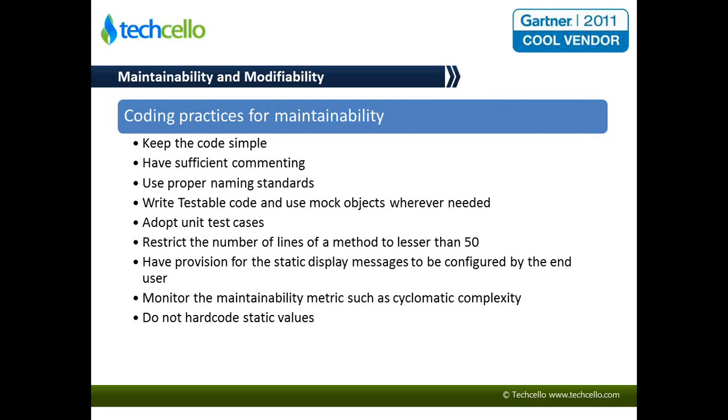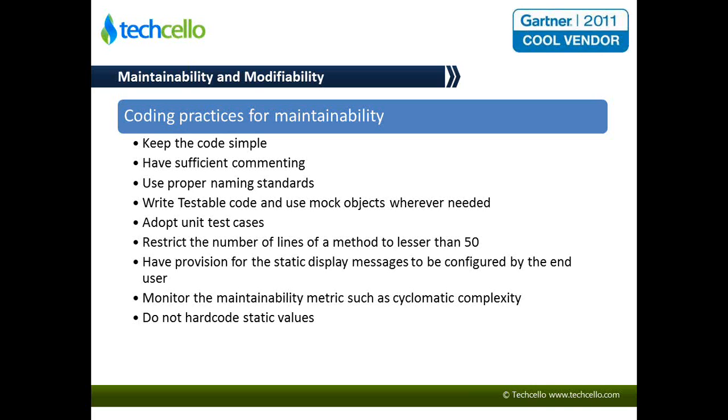Again, from coding practices, keep the code simple, have sufficient commenting, use proper naming standards, and write testable code. It's very important that we write testable code because it's easy to unit test, and have mock objects wherever required. Restrict the number of lines to fewer than 50.